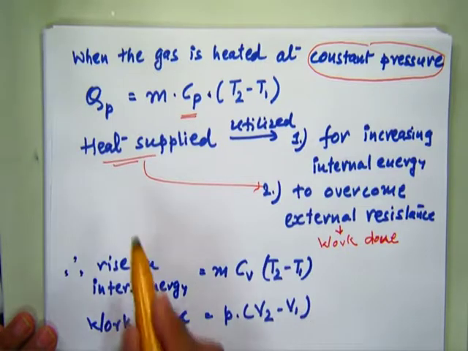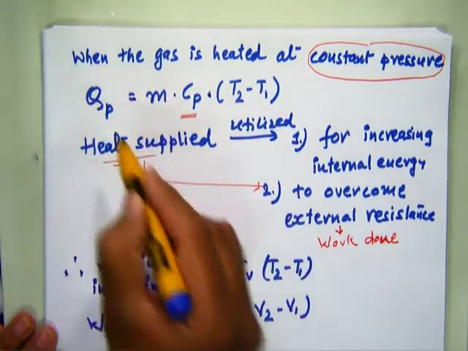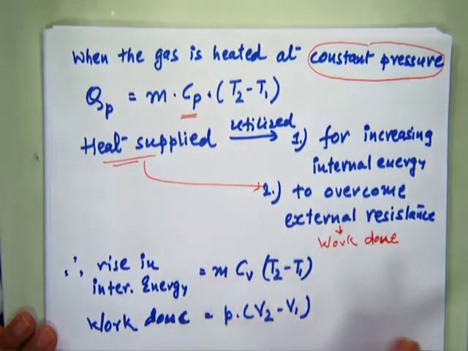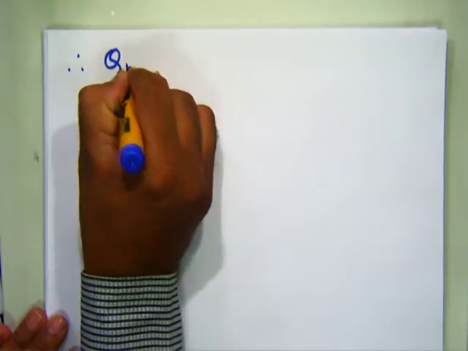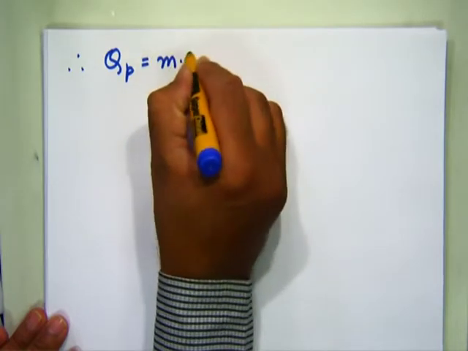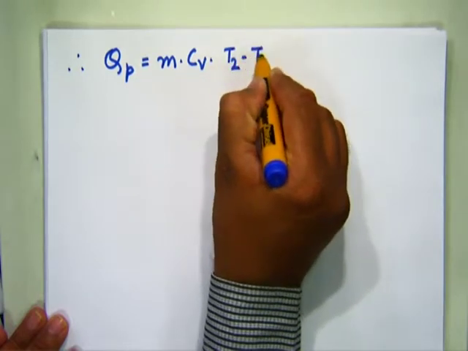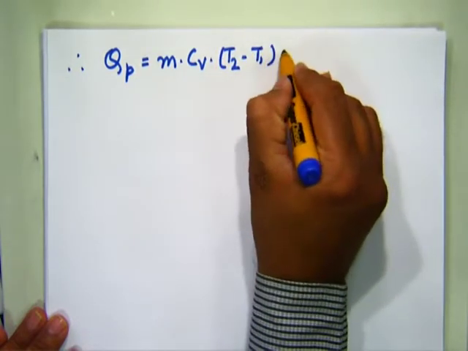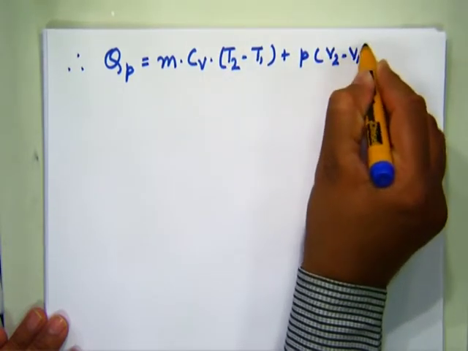But the amount of heat supplied is what? Qp is equal to M Cp T2 minus T1. This Qp is utilized over here. So therefore you can write down Qp is equal to M into Cv into T2 minus T1 plus P into V2 minus V1.